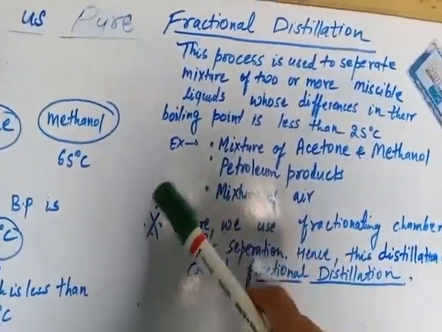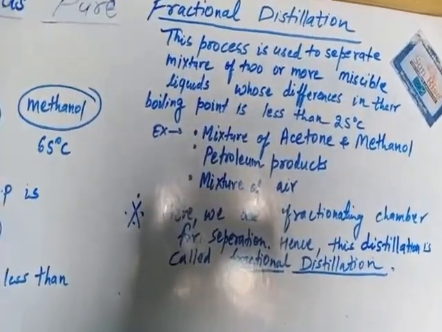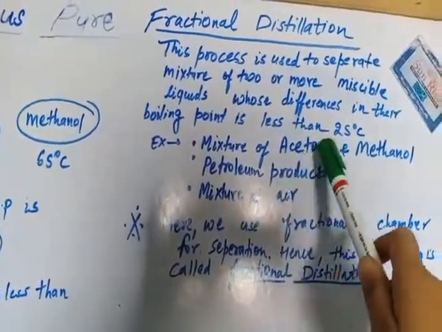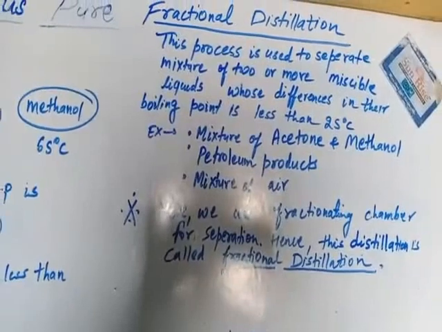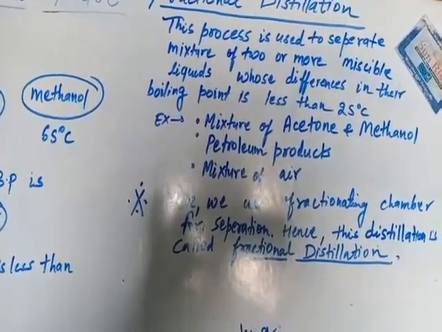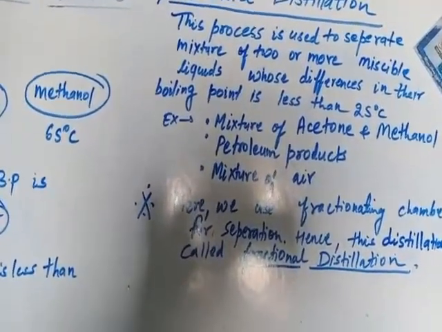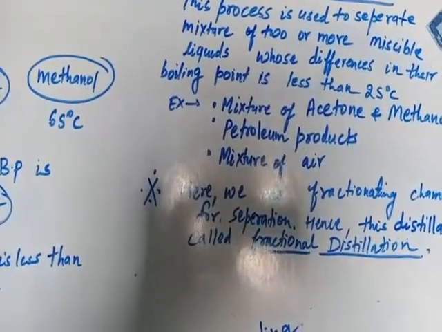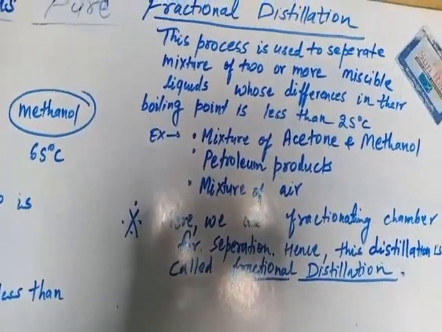We can have several examples of liquid mixtures which can be separated by fractional distillation. As I told you, first is the mixture of acetone and methanol. Second, the petroleum products. You know that petroleum contains many things in it, like petrol, gasoline, naphtha, kerosene, diesel, then lubricating oil, fuel oil, and many residual oils.